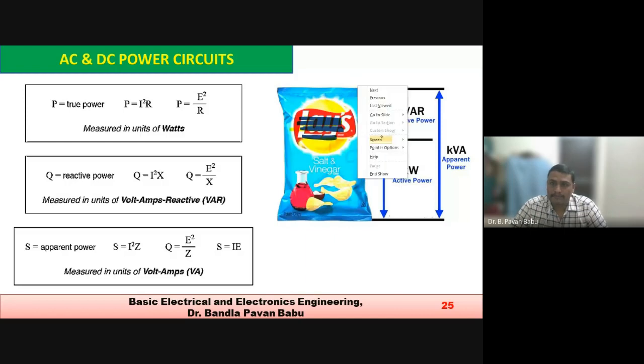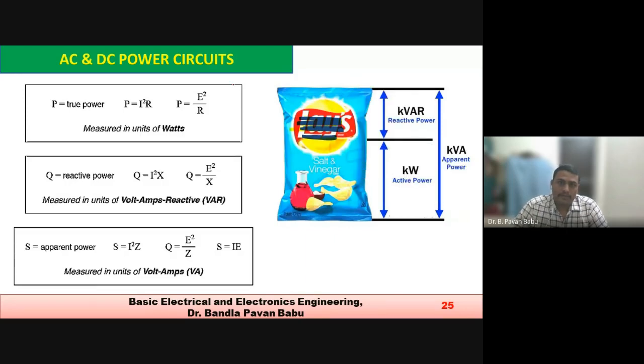Let me take this physical example, a packet of chips, just to understand the importance and the relation between these types of powers. In a packet of chips, all the stuff we require, the chips, is deposited at the bottom. This is the actual position where the exact quantity is required.